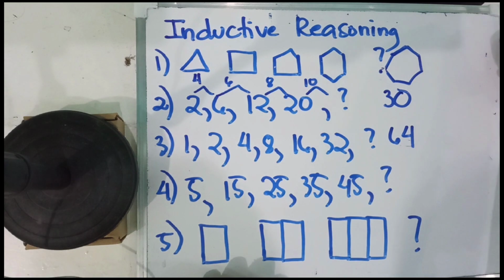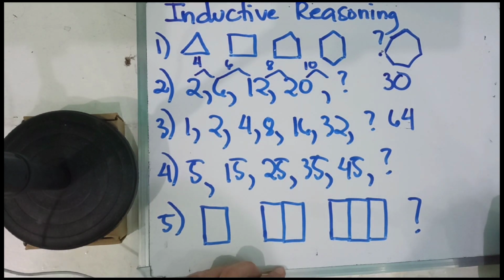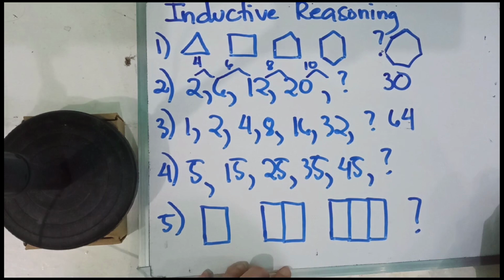Okay. Fourth, I think this is very easy because previously we already talked about sequences, and during our discussion with sequences, you were able to identify certain patterns in order to get next terms of a certain sequence.